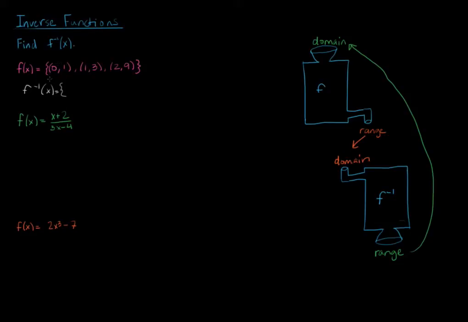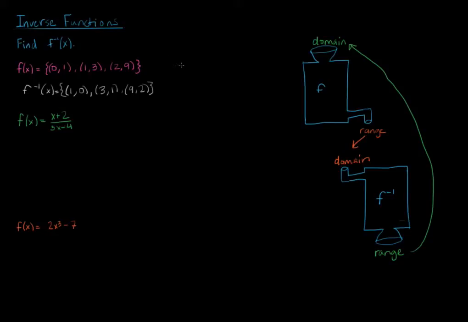We need to put the input for the output and the output for the input. So (0, 1) becomes (1, 0), and that's the undoing function. (1, 3) becomes (3, 1). And (2, 9) becomes (9, 2). And that's the undoing function, f inverse, for f of x.